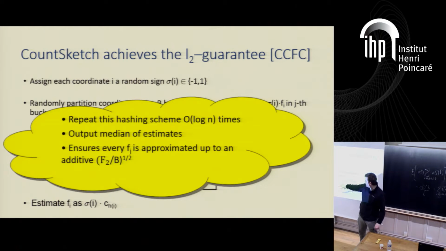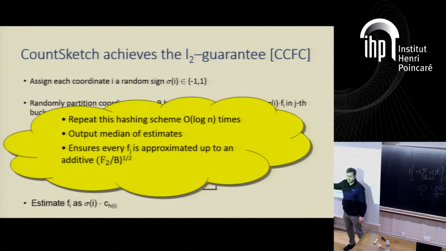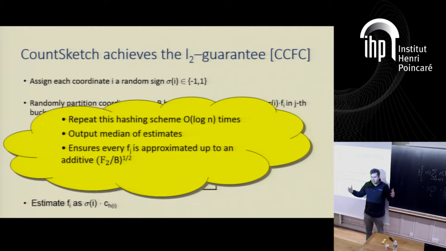Now, why is this the additive error that you get for a frequency? Well, b is the number of hash buckets. In expectation, the fraction of F2 that goes into any particular bucket is F2 over b. So the sum of squares of the other items that collide with i is about F2 over b in expectation. Now, if I look at what this term is, I'm not taking expectations anymore, but actually looking at what it is.